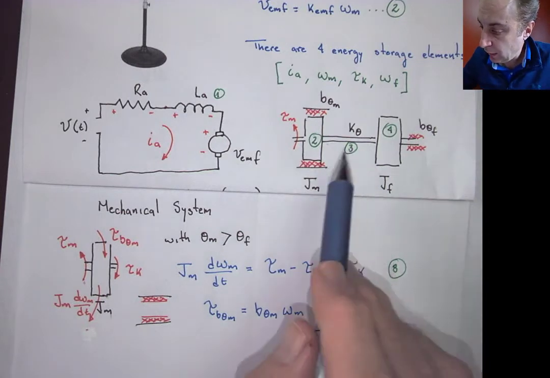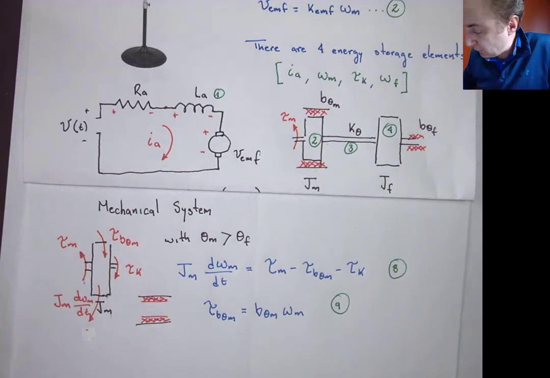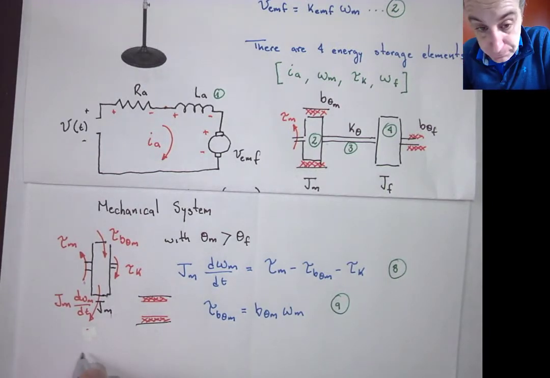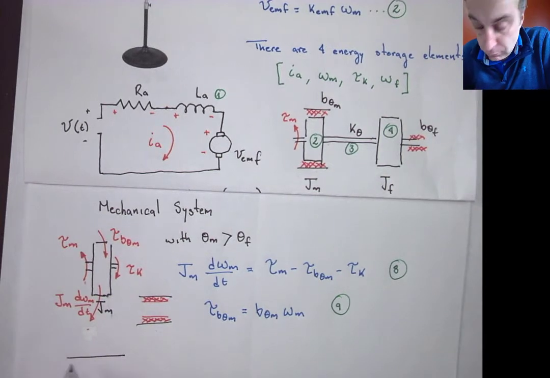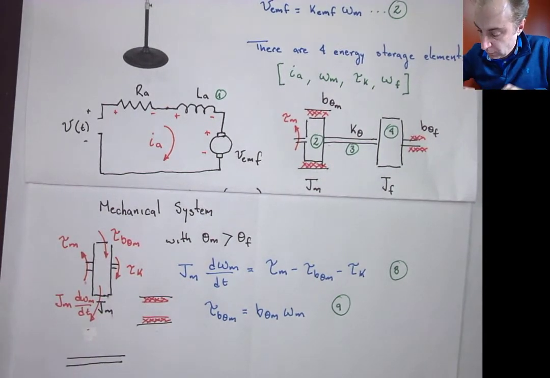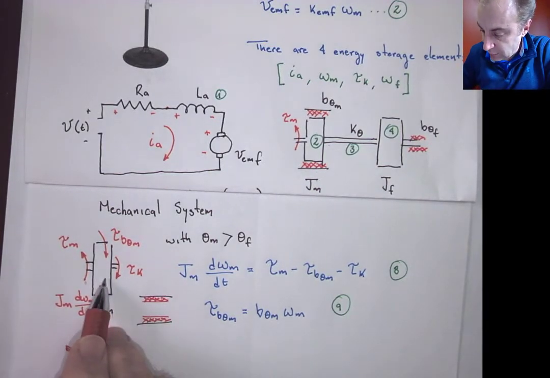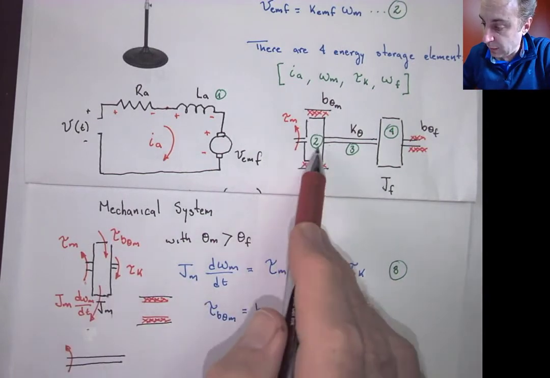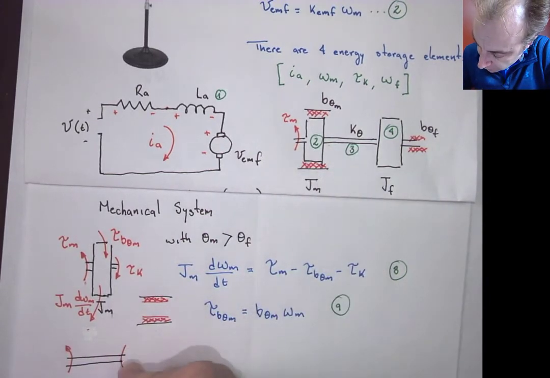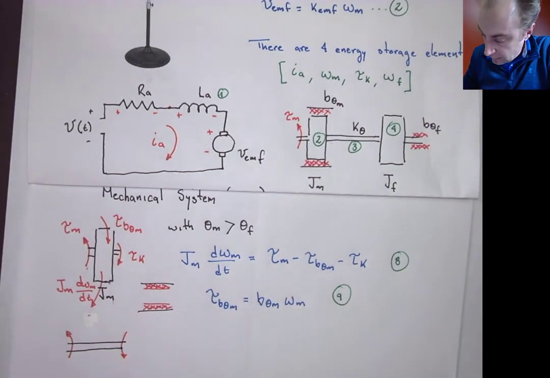Then we go into the rotational spring. We're going to have the effect of this inertia element on the spring, and then the resistance of the other inertia element.